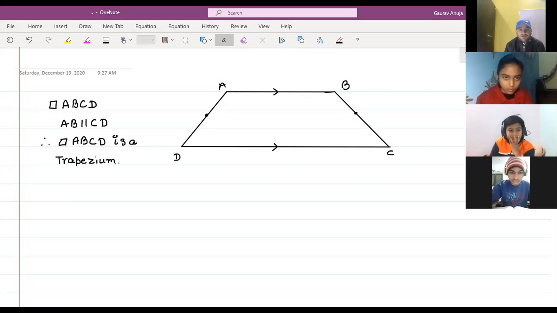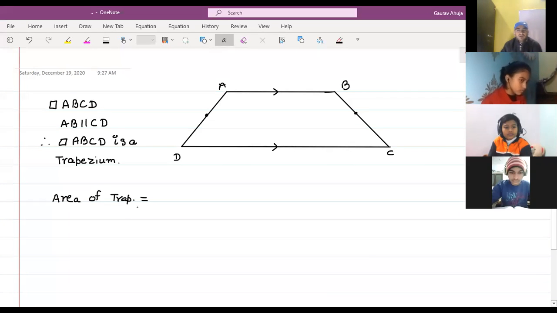Now, children, in this chapter we have to learn the area of a trapezium. I'll write it as trap. I'm not writing the complete definition of a trapezium. What is the area of a trapezium? As we know, the area of a rectangle is L into B, the area of a square is side into side, and the area of a triangle is half base into height.